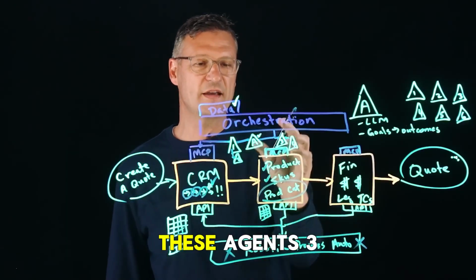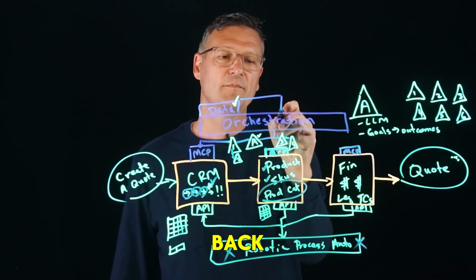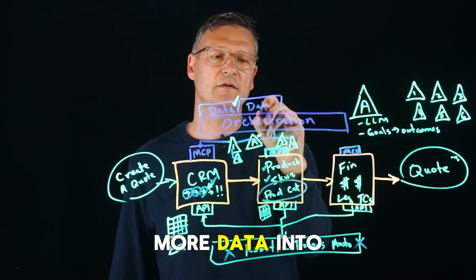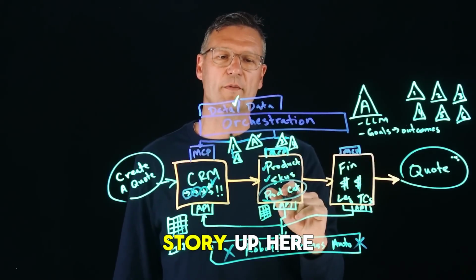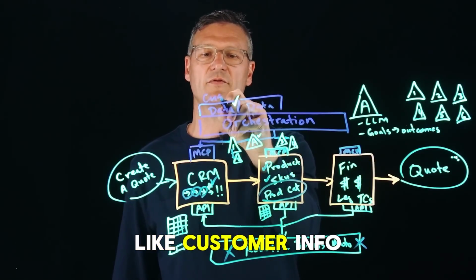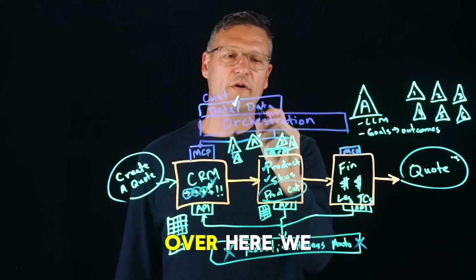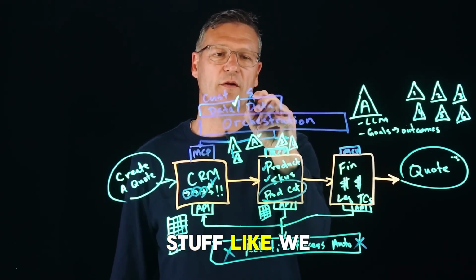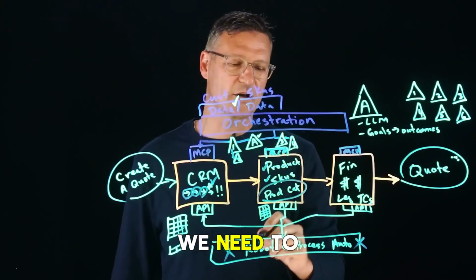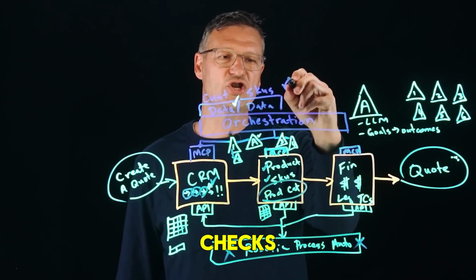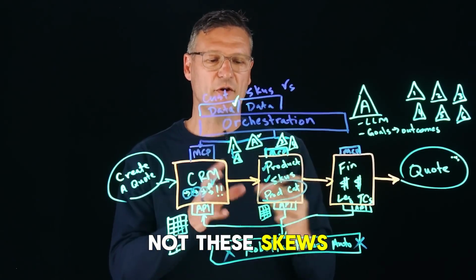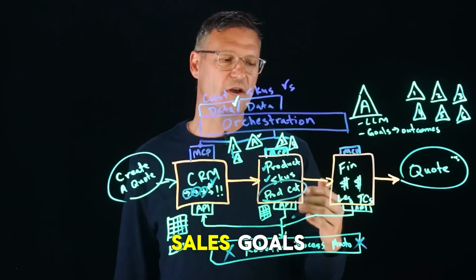So now agents 3 and 4 come back, and they add some more data into our story up here. Over here we got some customer info and a list of what we thought needed to be in the quote. Over here we started adding useful stuff, like SKUs that we think we need to go in the quote, and we did a lot of checks around whether these SKUs go together against the product catalog and sales goals.